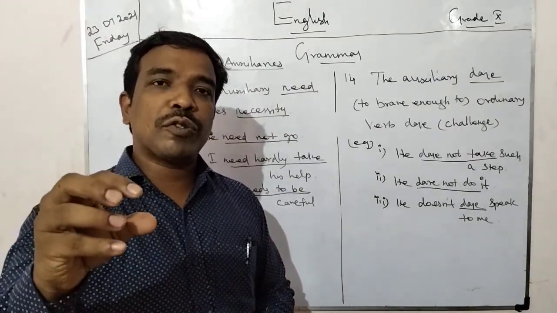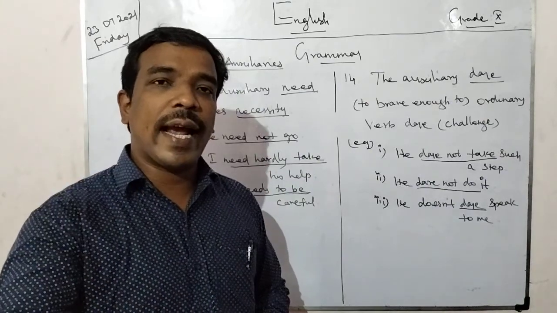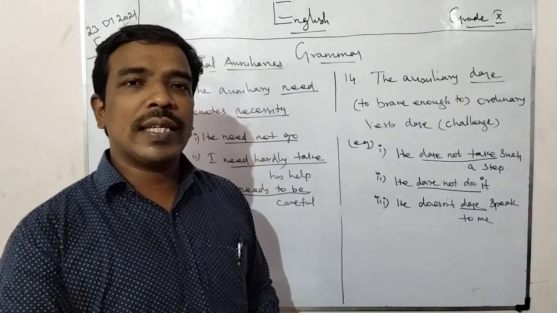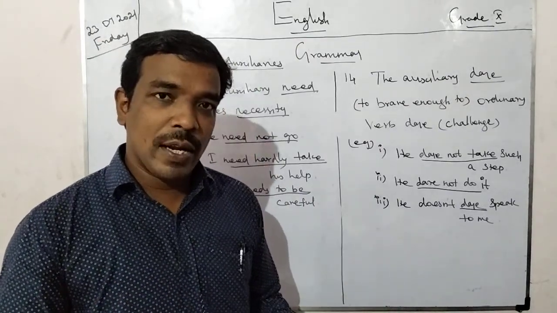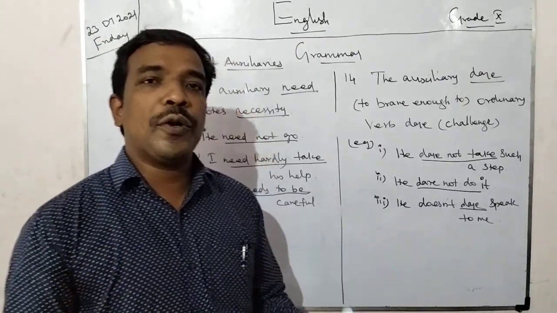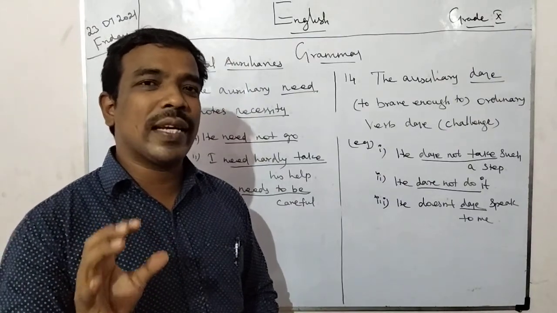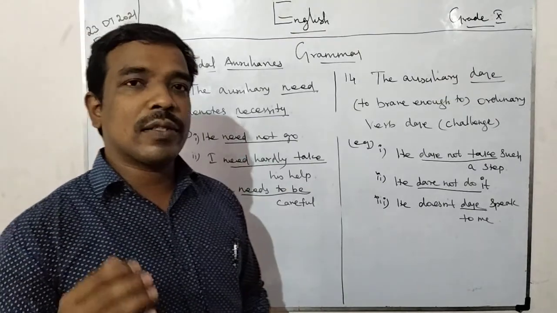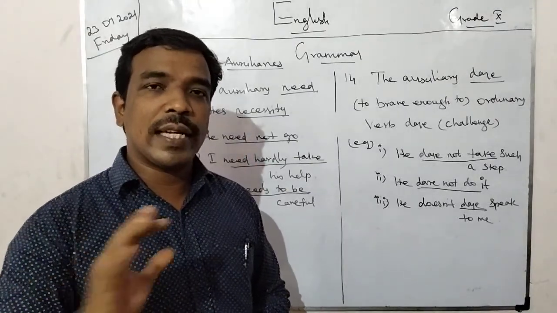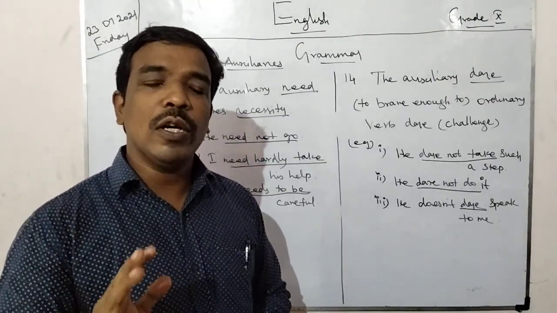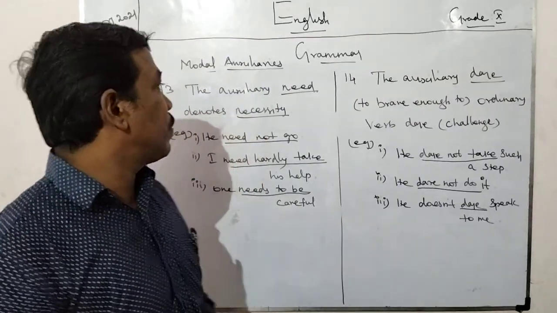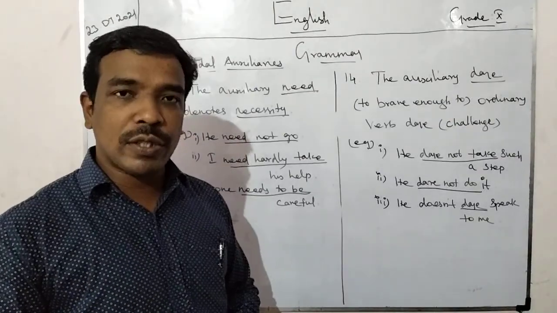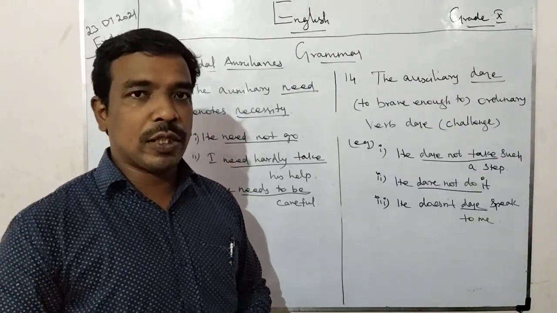Whatever sources we are getting, we should catch them and learn. That is the only possibility. Don't think that you are free. This is not like regular classes where someone will feed you in the school. It will not happen. It is your responsibility to take the notes, and you should ask the teachers if you have doubts. Have you understood, students?